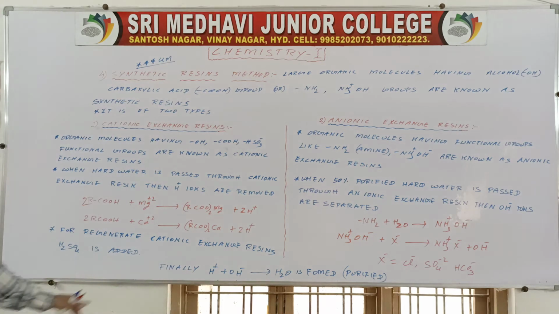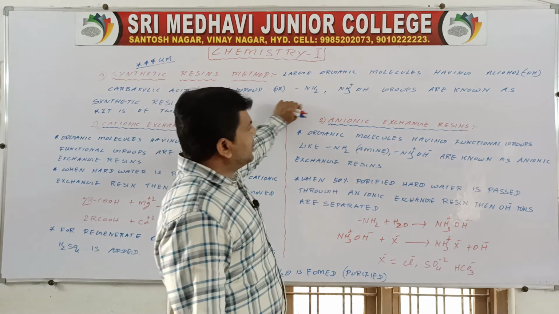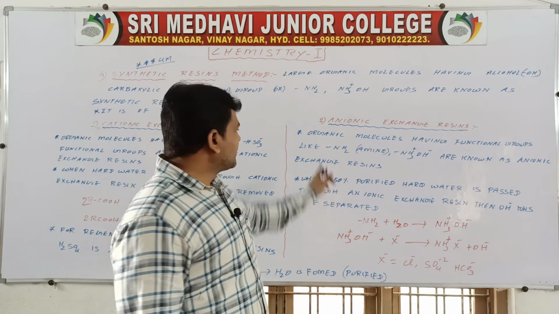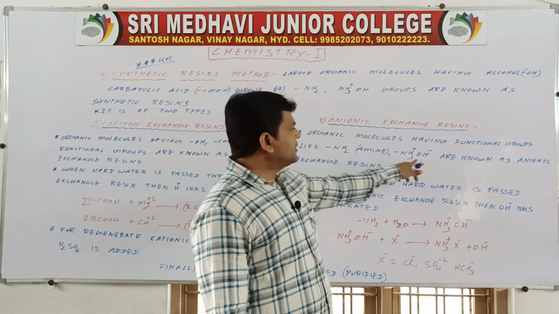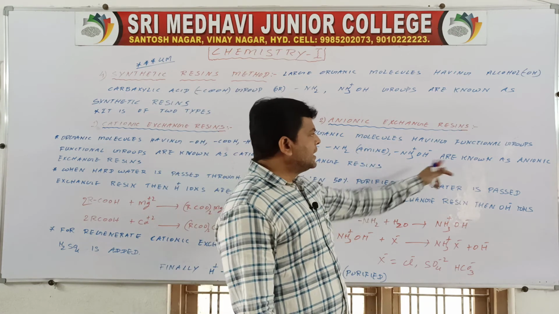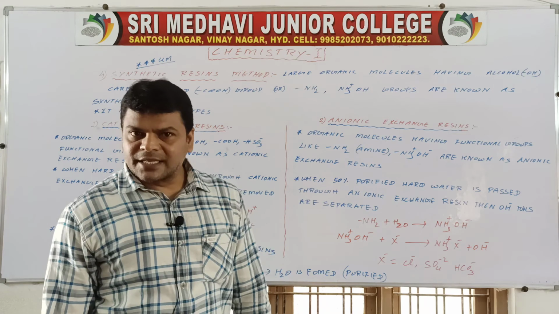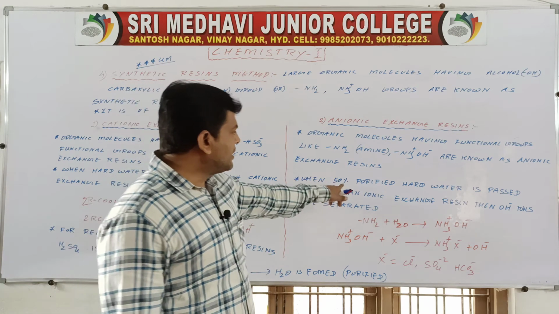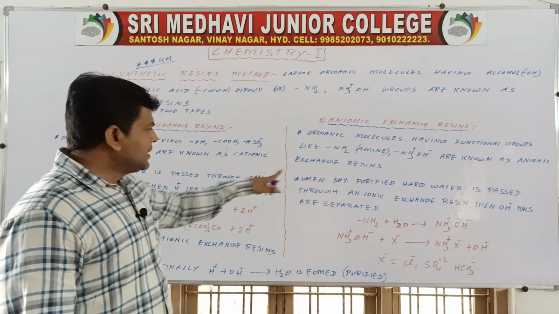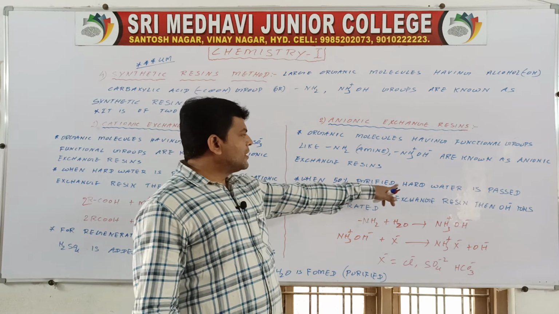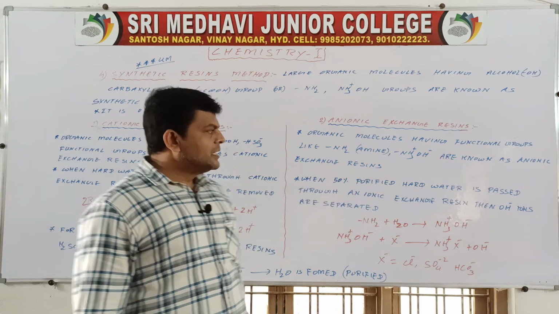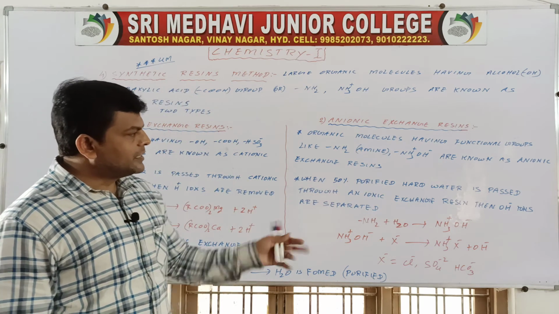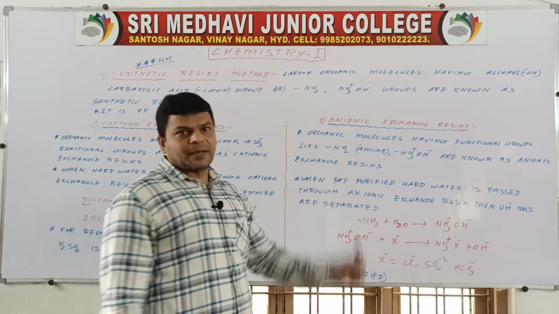Organic molecules having functional groups like NH2 amine, NH3+ OH- are known as anionic exchange resins. When 50% purified water is passed through anionic exchange resin, OH- ions are separated.